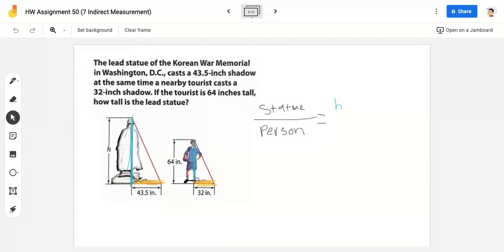The person's height is 64 inches. The statue's shadow is 43.5 inches, and the person's shadow is 32 inches. All we're going to do is use our cross product to determine the value of h.